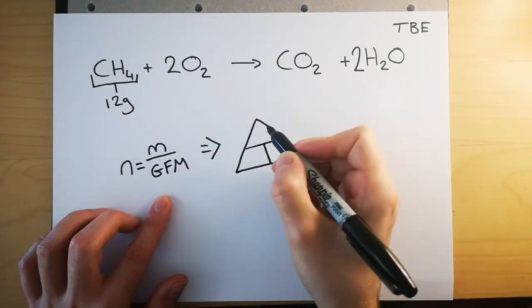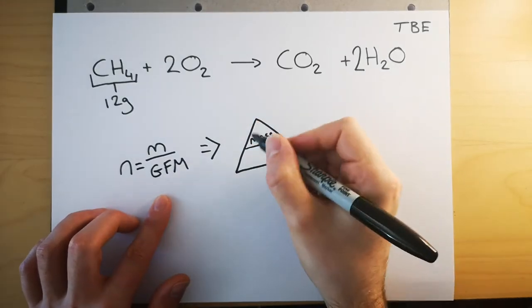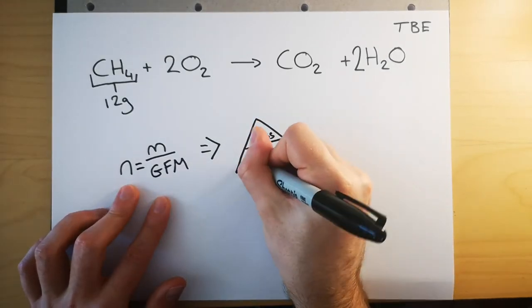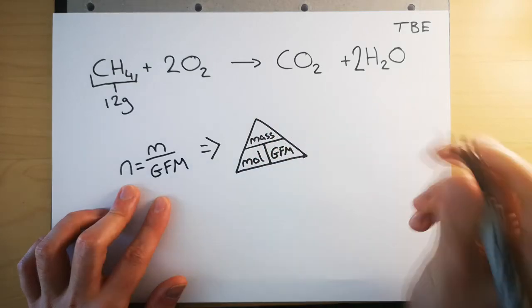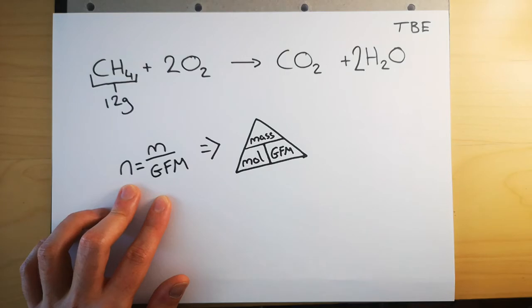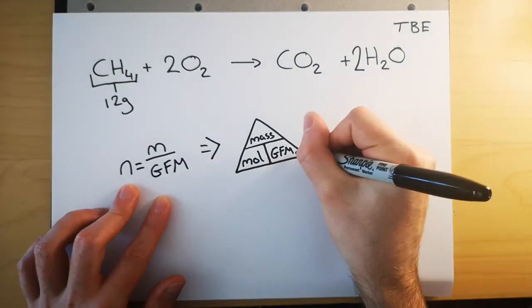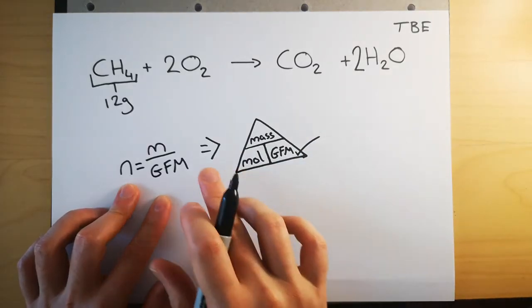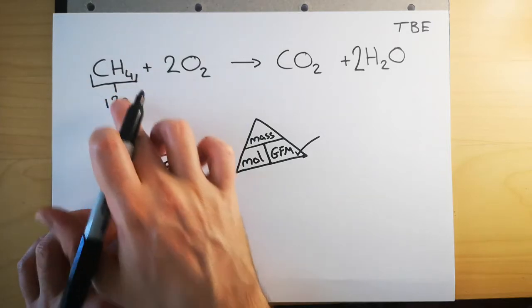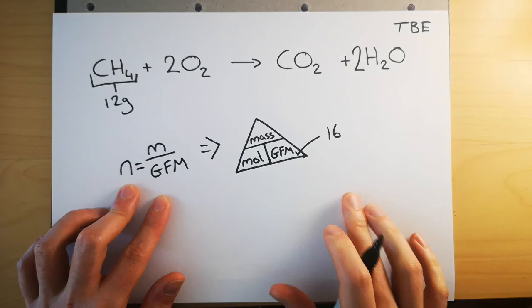Now, the mass goes on the top, and the number of moles goes here, and the GFM goes here. If you have the chemical equation and you've got a data booklet to hand, you always have the GFM. The GFM for our methane, we already worked out to be 16.